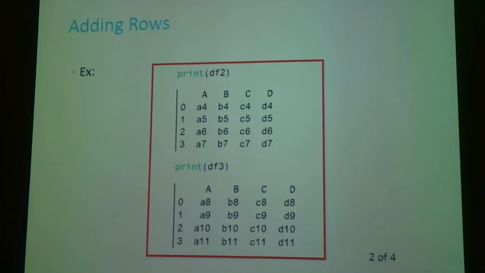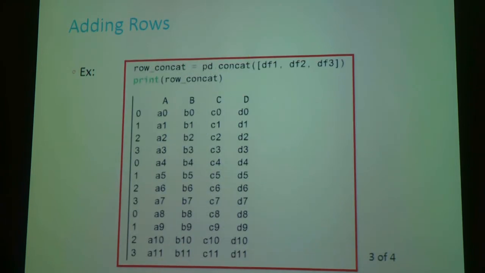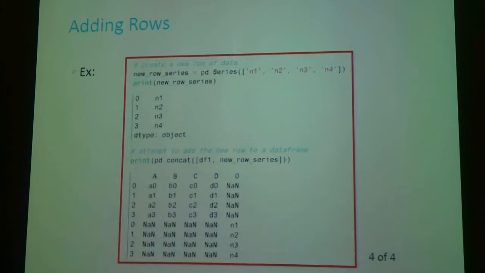So in here, this is data frame 1, 2, 3. When I concat them with axis equals 0, we join them together as we have seen before. Here I created my own. What am I creating here? A series, not a data frame.